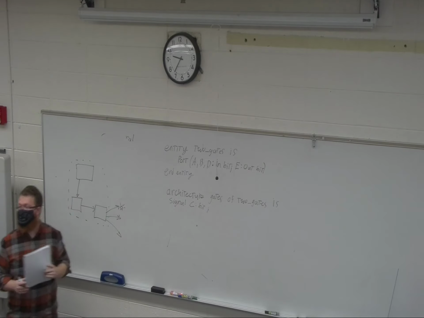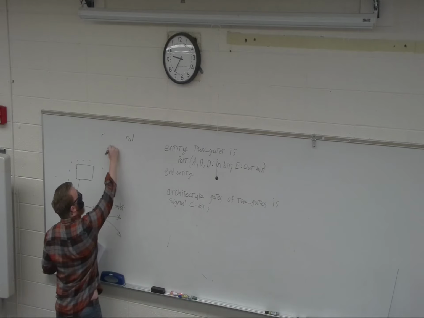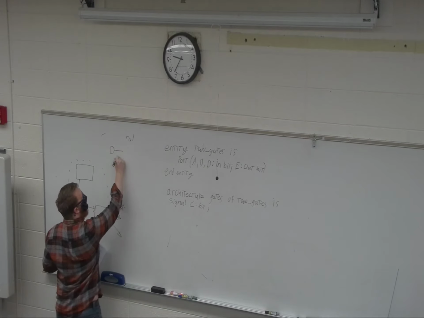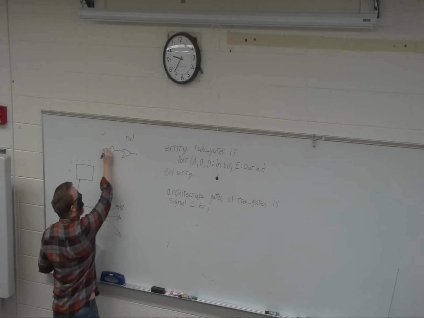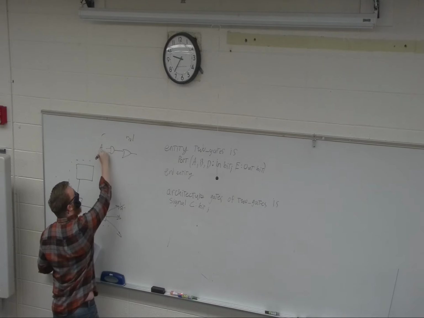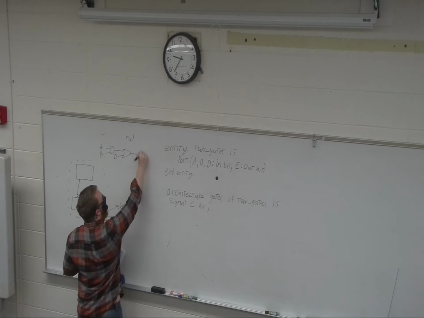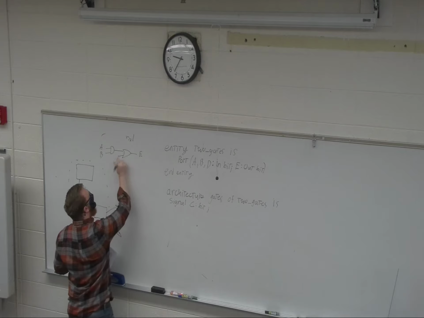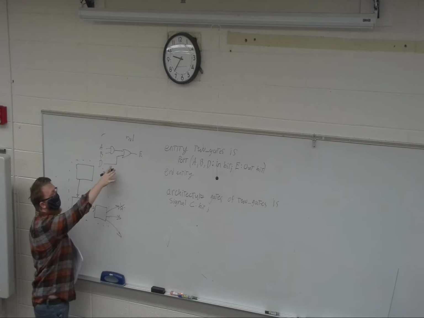Yeah? Can you explain one more time what is the in bit and the out bit? Say that again? The in bit and the out bit right there. Yeah, so this is the structure that we're going to build up.